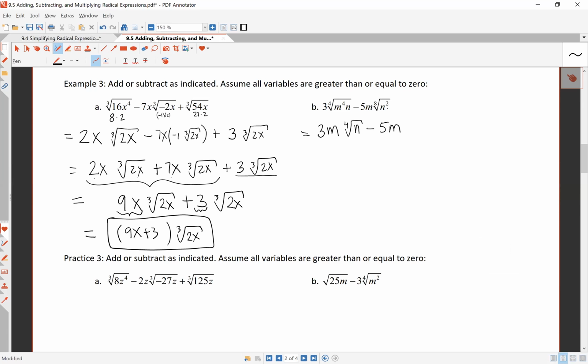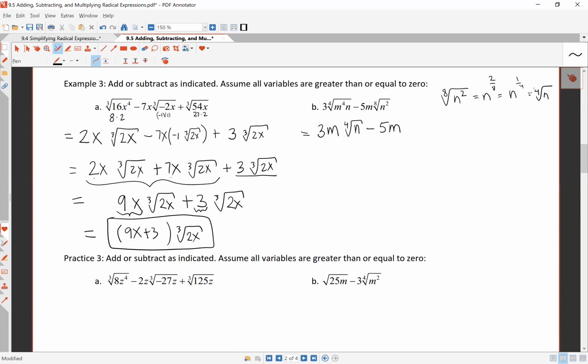The 8th root of n squared, it doesn't really look like it simplifies, but we can rewrite this as an exponent of 2/8, and then that's n to the 1/4, which really turns out to be the 4th root of n.